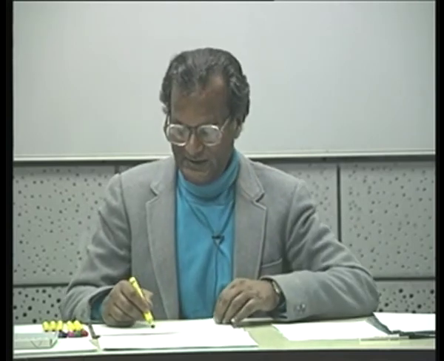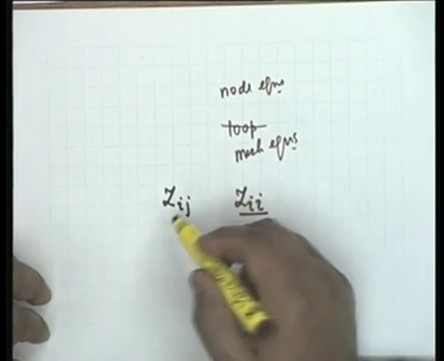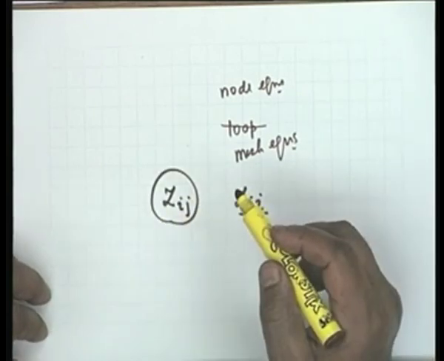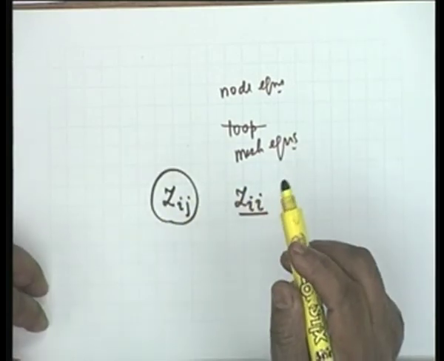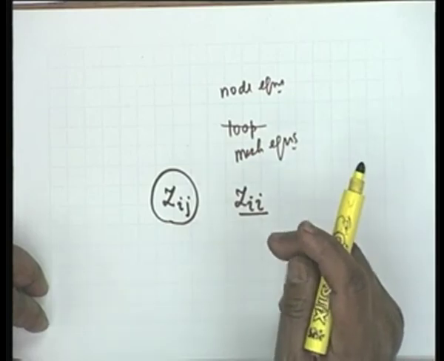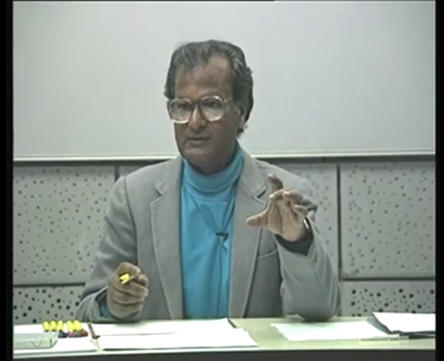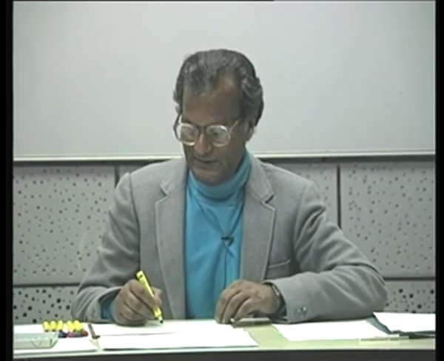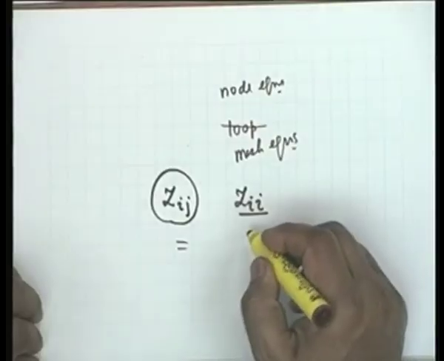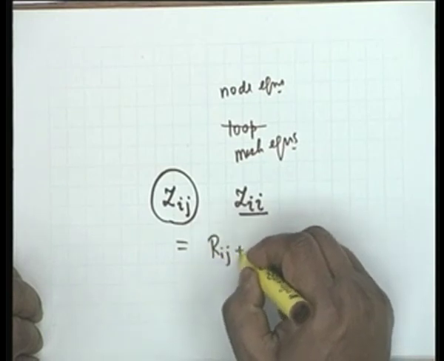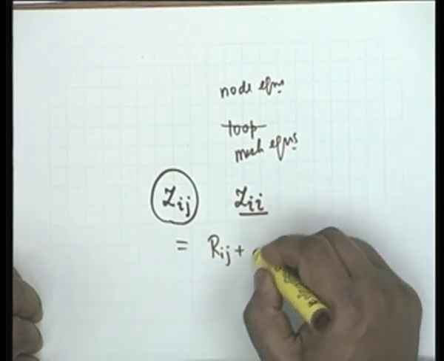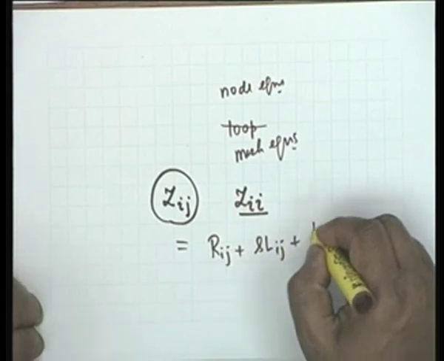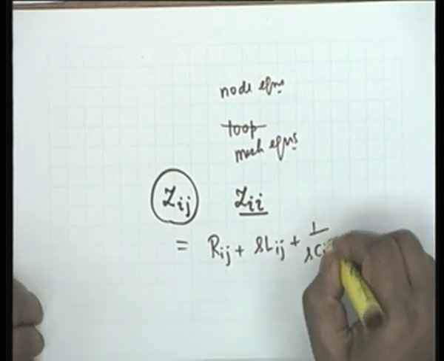This is the self impedance of mesh I, and Zij is the mutual impedance between meshes I and J, that is the impedance which is common to meshes I and J, and both of them are of the form in general Rij plus S Lij plus 1 over S Cij.